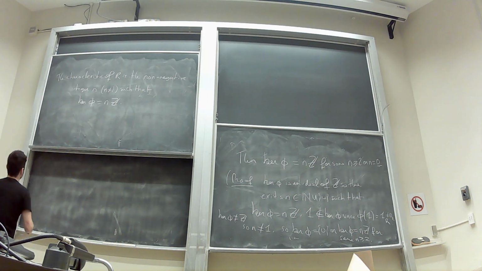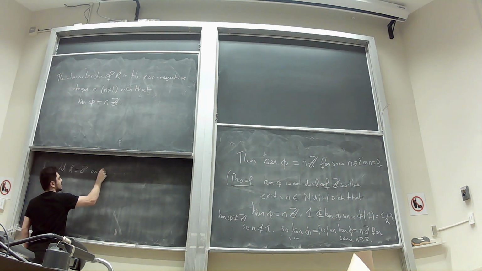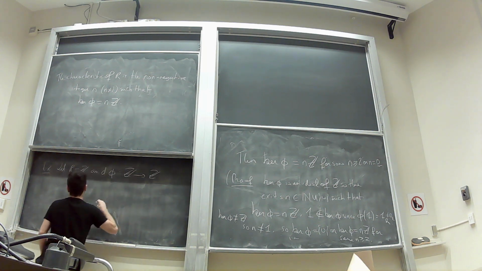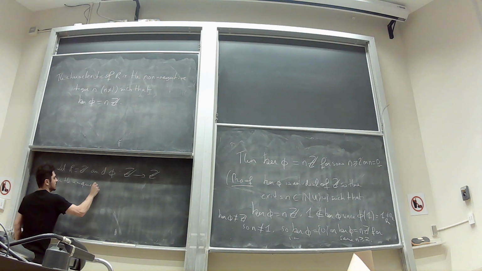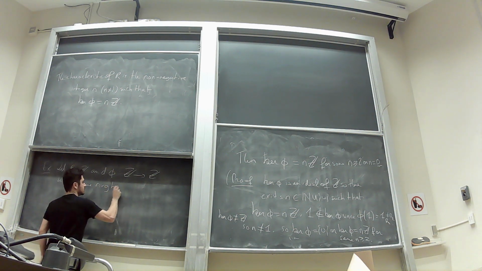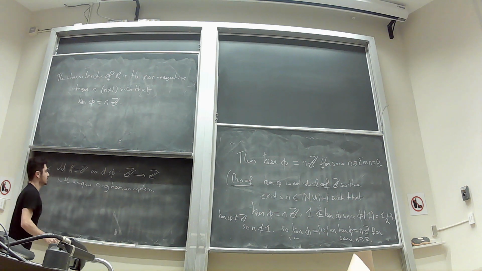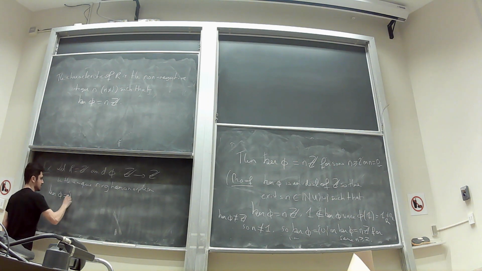Okay, so example. Let R equal Z, say, and phi from Z to Z be the unique ring homomorphism. What is the kernel of phi in that case? The kernel of phi is 0, right?